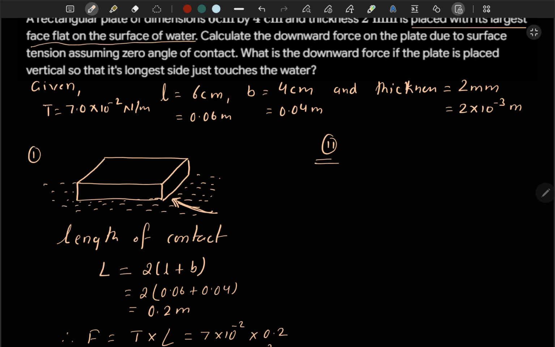Now second case. In second case, plate is placed vertical so that its longest side just touches the water.